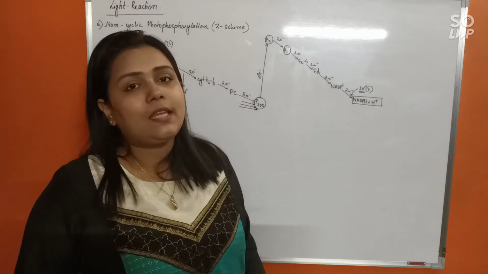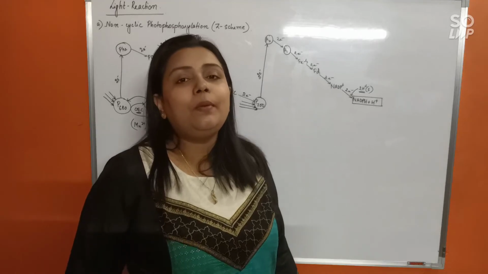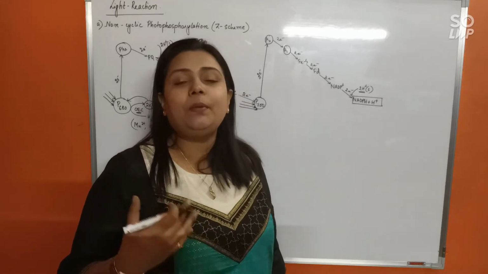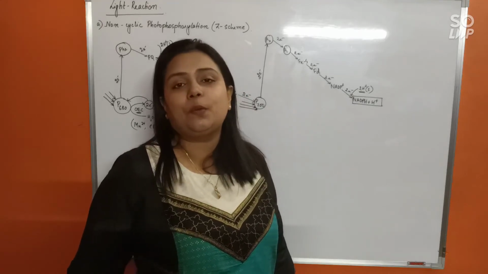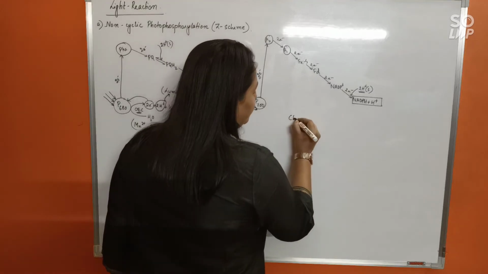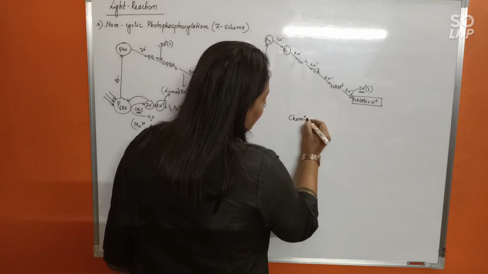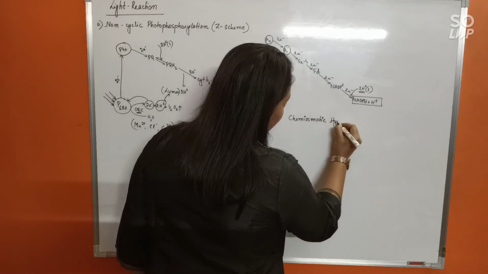So let's see how ATP will be formed, and this formation of ATP will be explained under the chemiosmotic hypothesis that was proposed by Peter Mitchell.